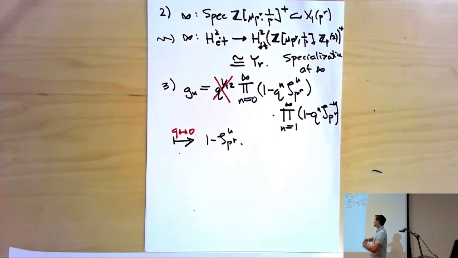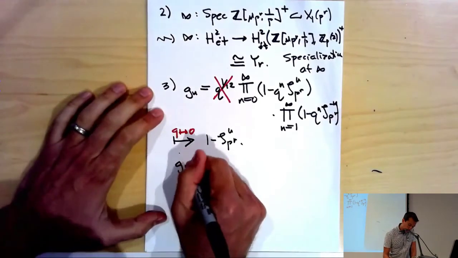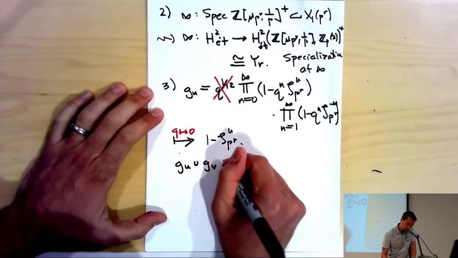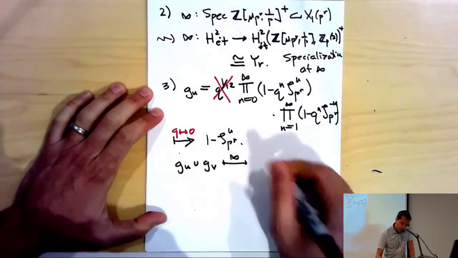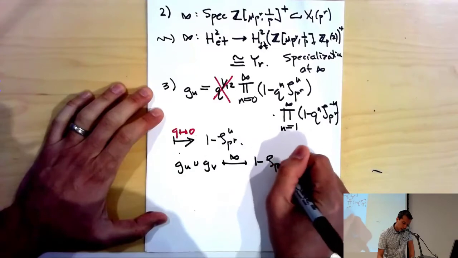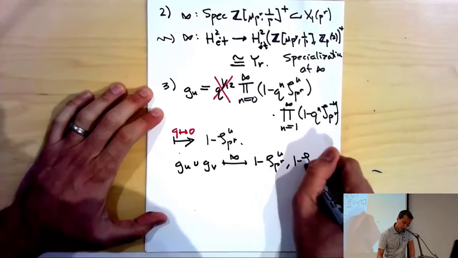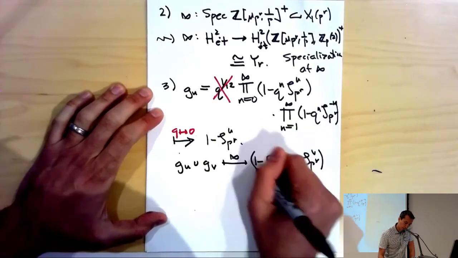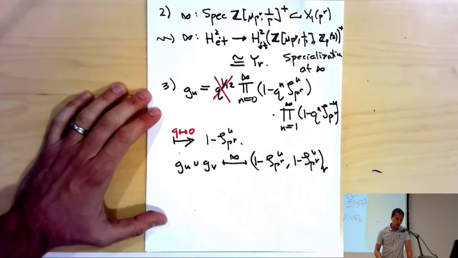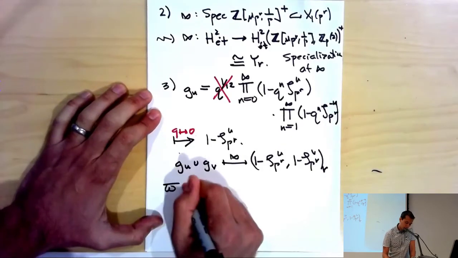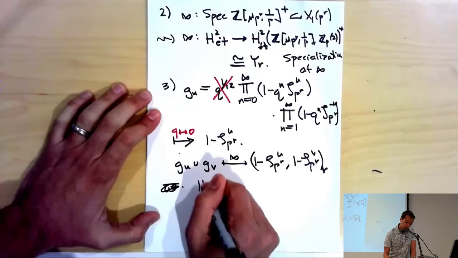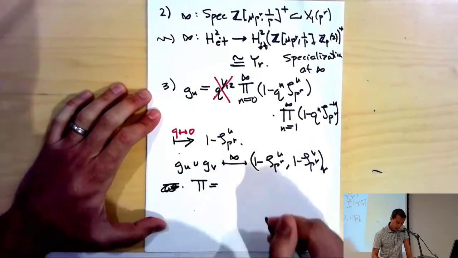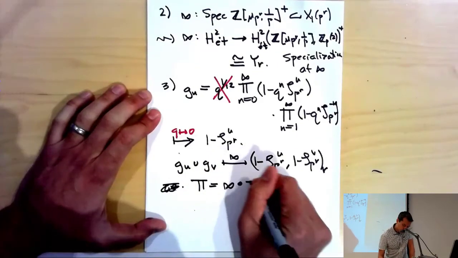So the specialization map is compatible with cup products. So in fact, g_u cup g_v therefore goes to 1 minus zeta_{p^r}^u cup 1 minus zeta_{p^r}^v. So in other words, varpi is infinity composed with z.